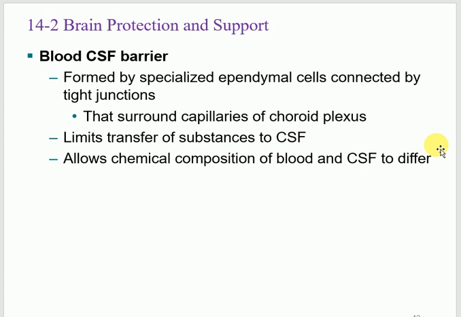Blood-brain barrier: endothelial cells connected by tight junctions. Are we following? How about the blood CSF barrier? Ependymal cells also connected by tight junction. And this is the part that's going to together make the choroid plexus that's making the CSF.